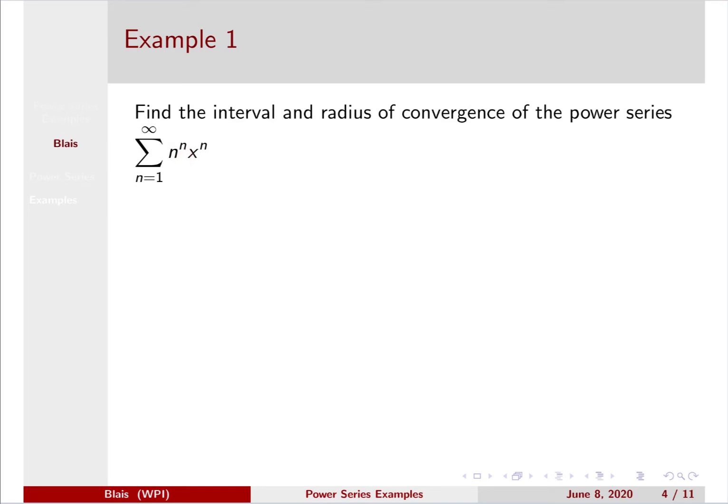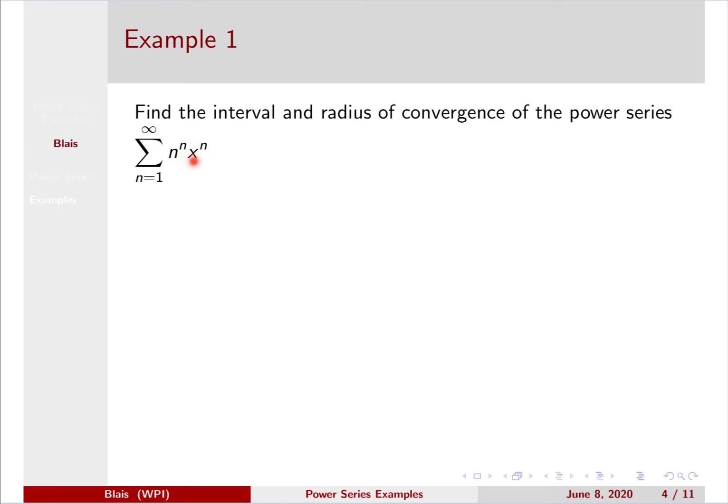The issue is that we have a race where n to the n is going to infinity incredibly fast, and x to the n, if it is going to infinity, will get this diverging. But if x to the n is going to 0, you'll have the race of x to the n going to 0 and n to the n going to infinity.